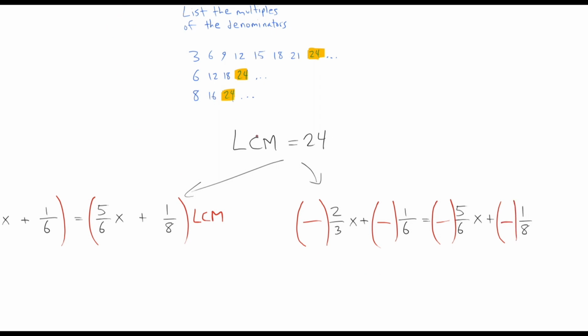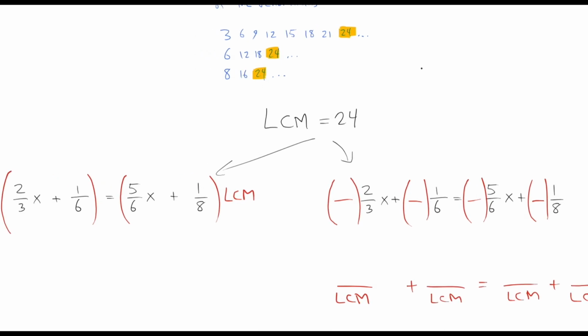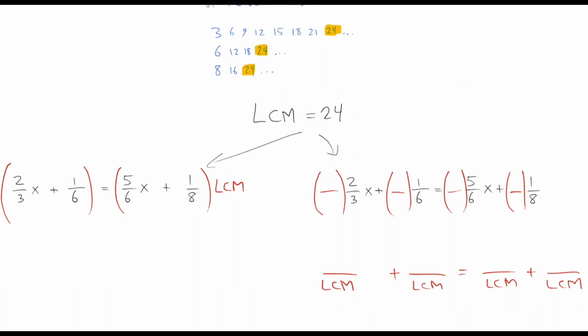And the goal of this is to get the denominators to become the LCM. So I like to show both methods because people learn differently and people have success with different strategies. You know, one size does not fit all here. But I'm going to go over both approaches.